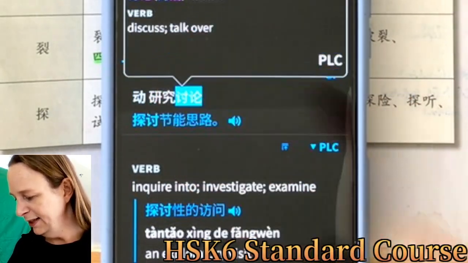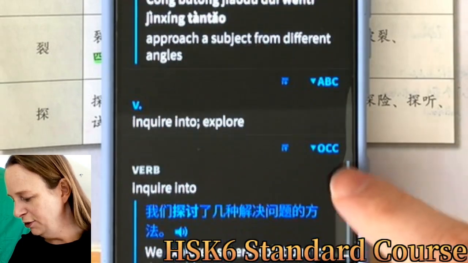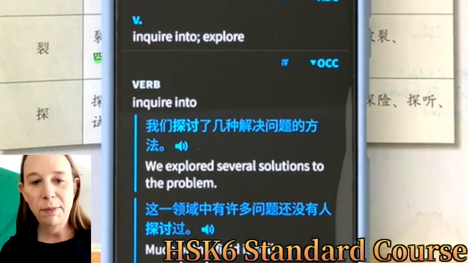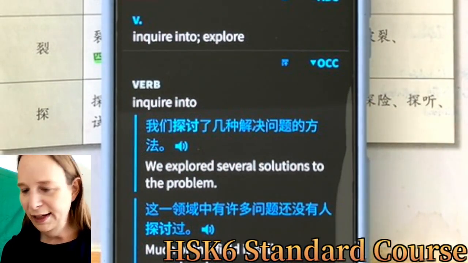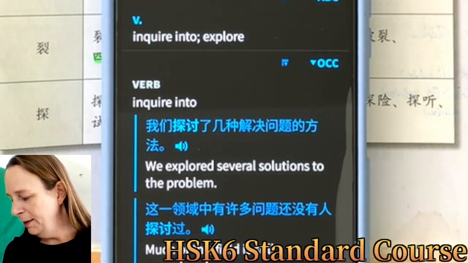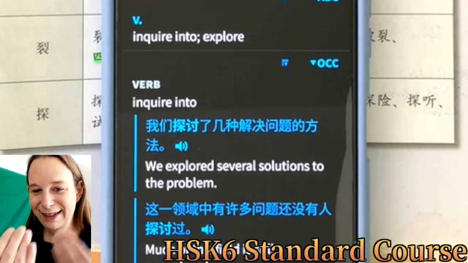discussions, here's 讨论. It should be related to discussions. 我们探讨了几种解决问题的方法. So presumably they talked.